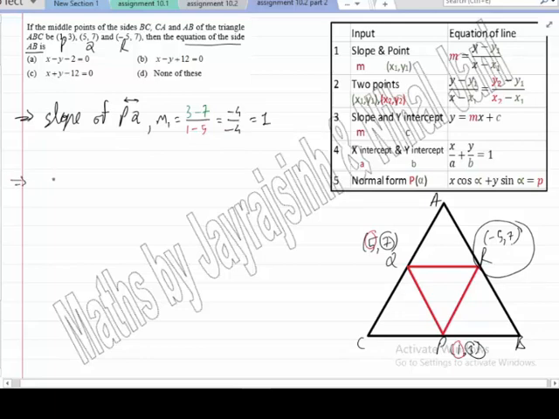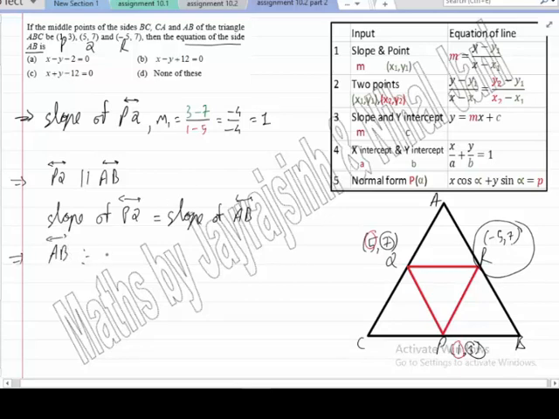Now, as we said, PQ line is parallel to AB line. So we can say slope of PQ is equal to slope of AB, right? We got the information about AB. For AB line, its slope m is equal to slope of PQ, which is 1.